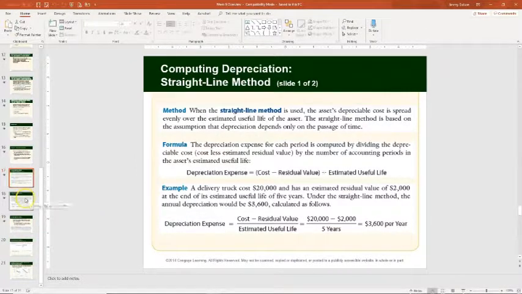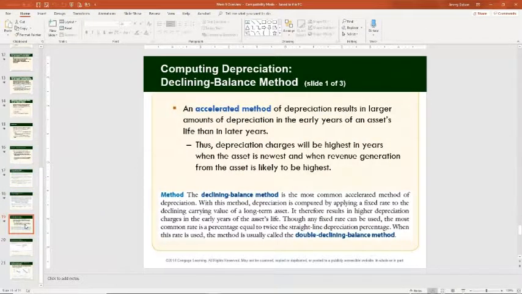And then let's look at what's called the accelerated method. It's another way to do depreciation, but you get rid of the value much quicker. You bleed off the value very quickly, and there may be times when you want to do that. As it says, it results in large amounts of depreciation in the early years of an asset's life rather than in the later years.